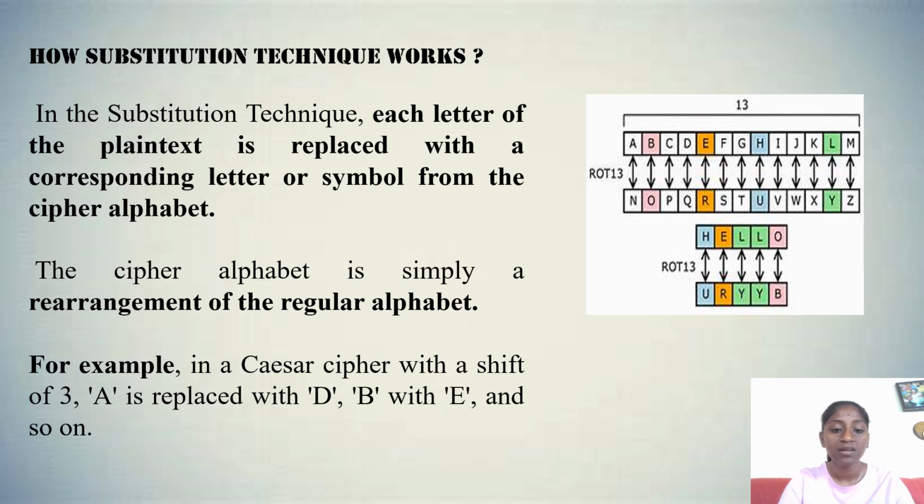For example, in a Caesar cipher with a shift of 3, A is replaced with D, that is, with a shift of 1, 2 and 3, A is replaced with D. And then B is replaced with E, with a shift of 3: 1, 2, 3. And it continues so on.